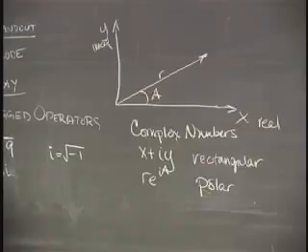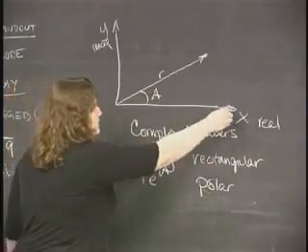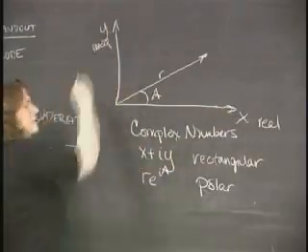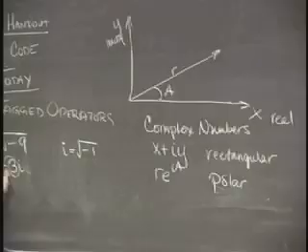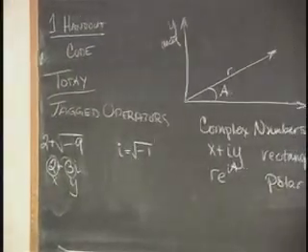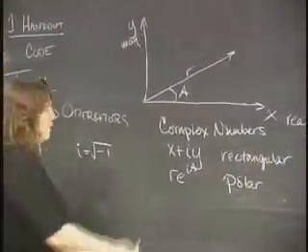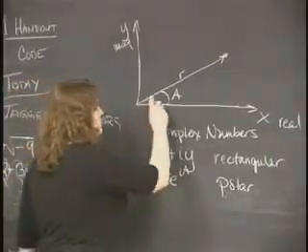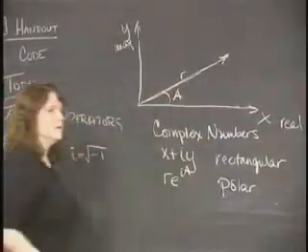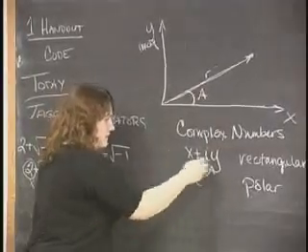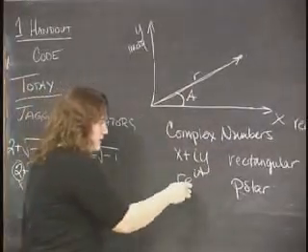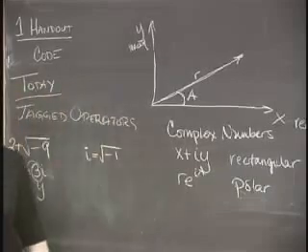And there's two ways. One is rectangular, where we've got some x coordinate, which is real, and some y in the imaginary axis. So this would be the 2 plus 3i here. This would be on the x-axis, and that would be the y. The second way of representing a complex number is polar, in which we have a magnitude, or the length of this line, and some angle, A, and we get that number as r e to the iA.